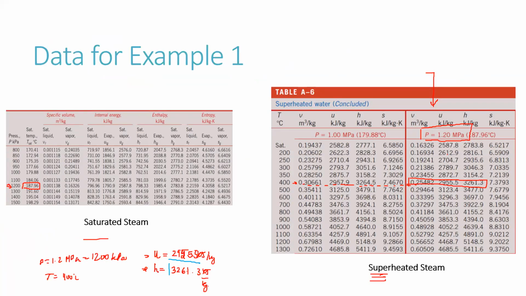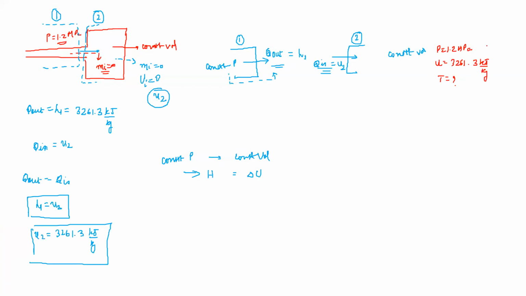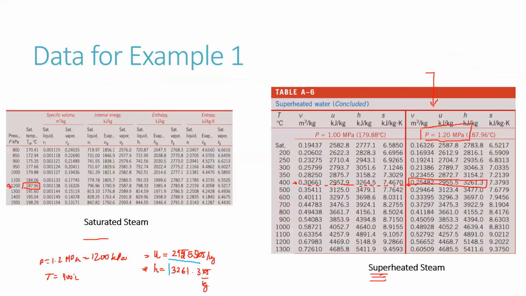At 1.2 megapascal, you have to find the temperature at which internal energy is 3261.3. The internal energy over here is 3123.4, and over here it is 3296.3. That means the temperature is going to be somewhere between 500 and 600, so we are going to approximate it.